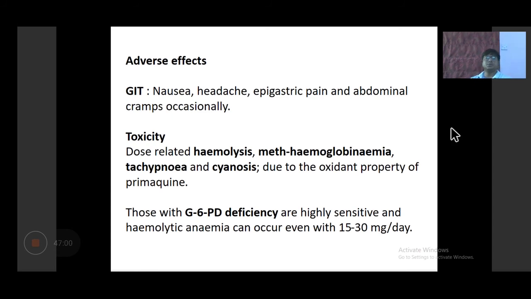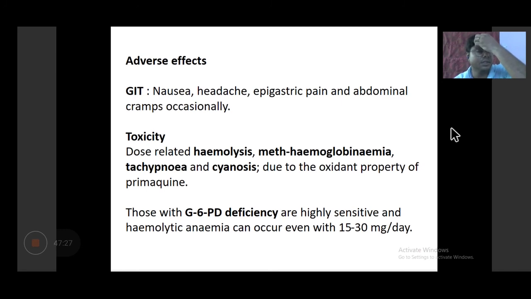So a patient with G6PD deficiency should not receive it. It will lead to hemolytic anemia, even in a very small dose. So it is recommended and advised that before starting antimalarial treatment, it is always wise to know the G6PD status of the patient. But in the periphery, in many parts of our country, there is no such facility to detect G6PD deficiency.